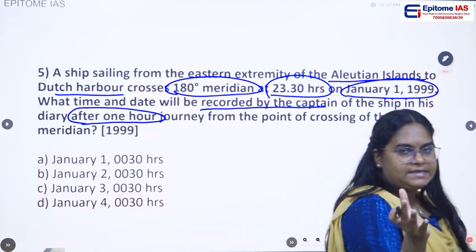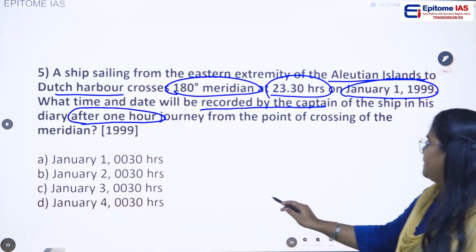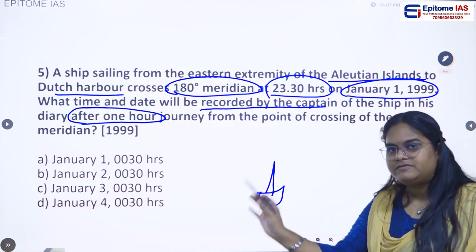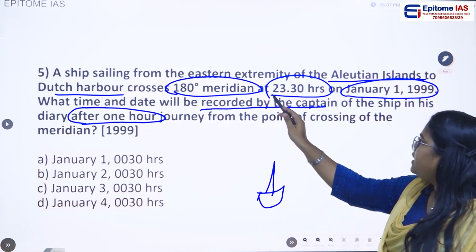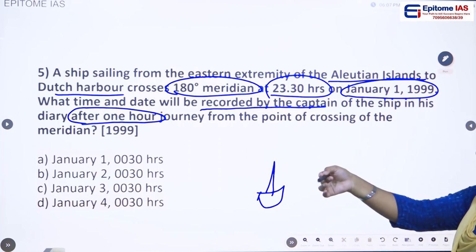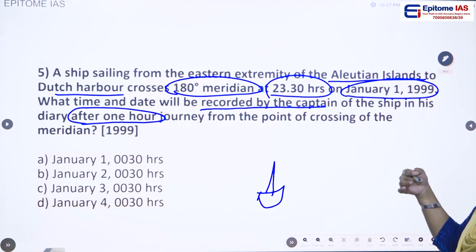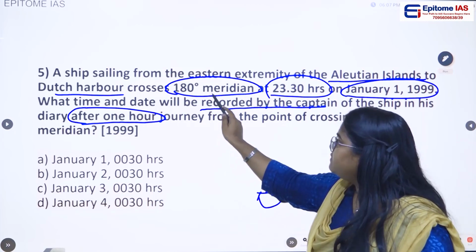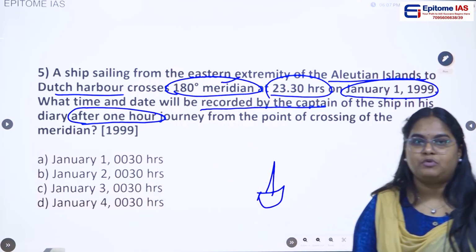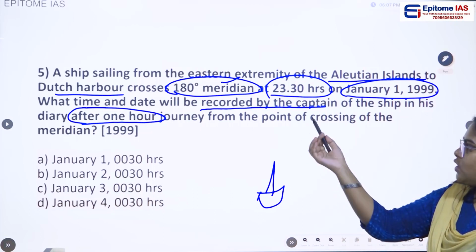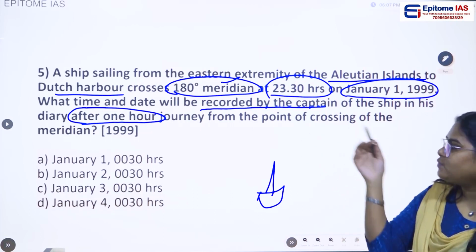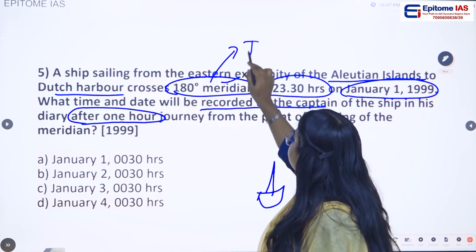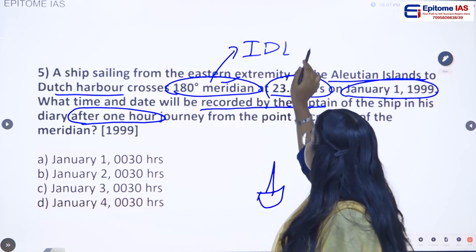So what are they saying here? They are simply saying that a ship is sailing, let us say in the Pacific Ocean, from the eastern extremity of the Aleutian Islands to the Dutch Harbor, and it is crossing the 180 meridian. This is one of the key points you have to notice. What is the 180 meridian? The 180 meridian is nothing but the international date line.